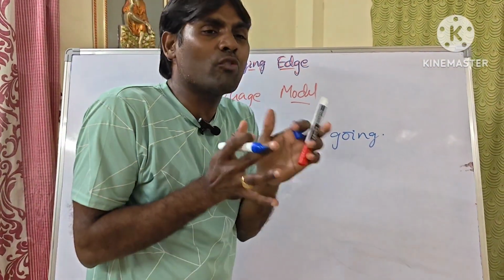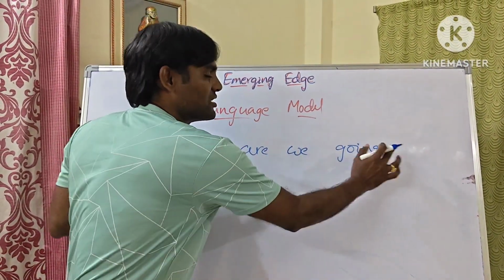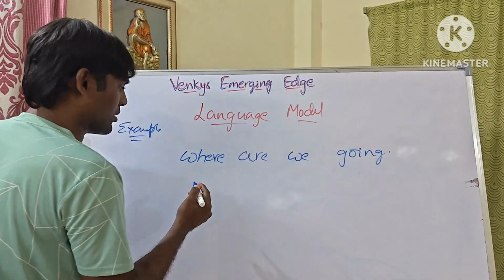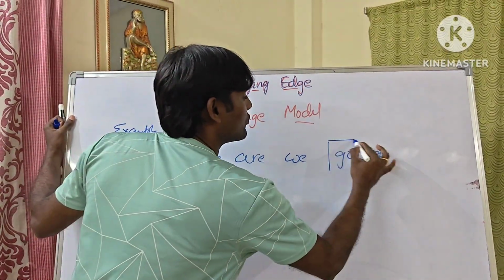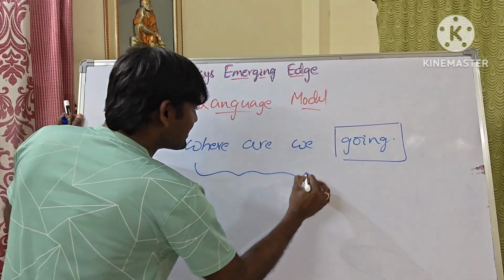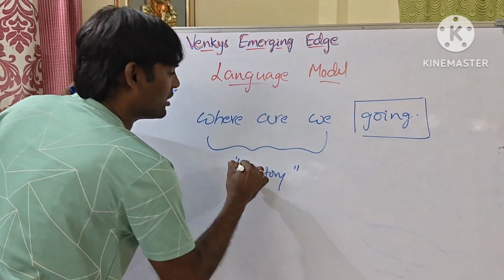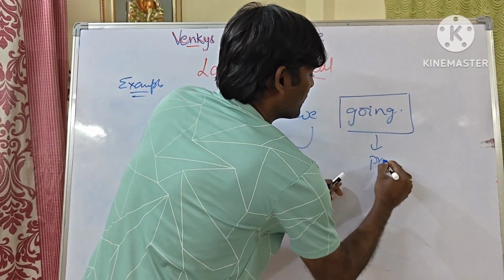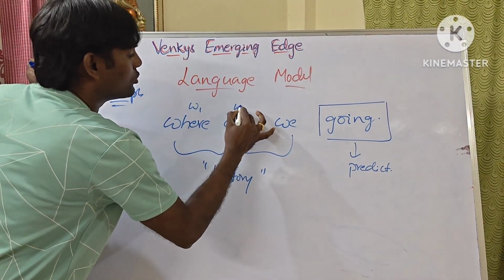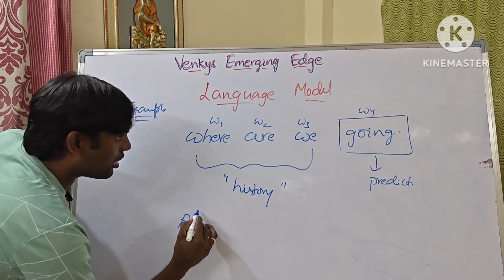Here, our main question is the language model definition. How can we apply the language model definition to a given sentence? First of all, what does a language model say? We can predict the next word. For example, we want to predict this word, which we don't know, based on the previous words. That is called the history of data. Based on this history data, we can predict the word. Say we have W1, W2, W3, W4.